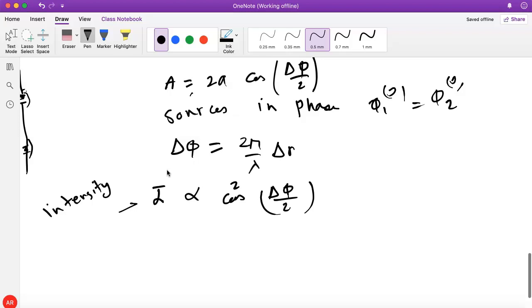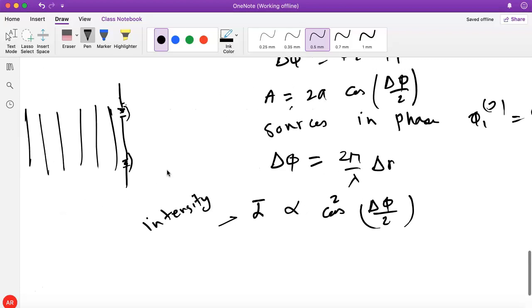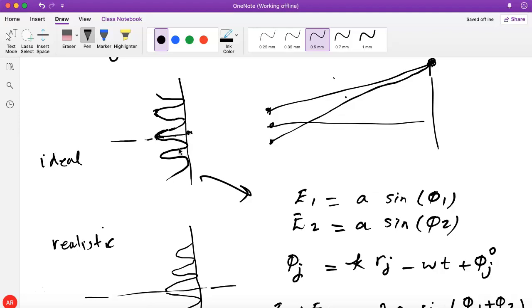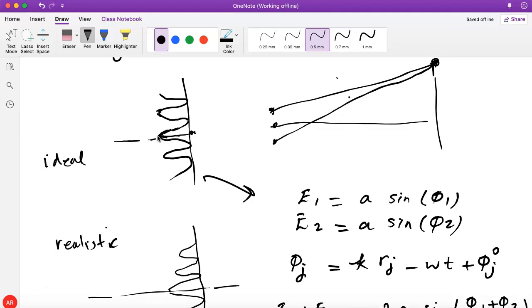So to figure out the coefficient, it's easier to just think about the maximum intensity. So let's say here at the center, clearly that cosine is 1, right? Delta phi is 0, cosine of 0 is 1, you get the maximum intensity.